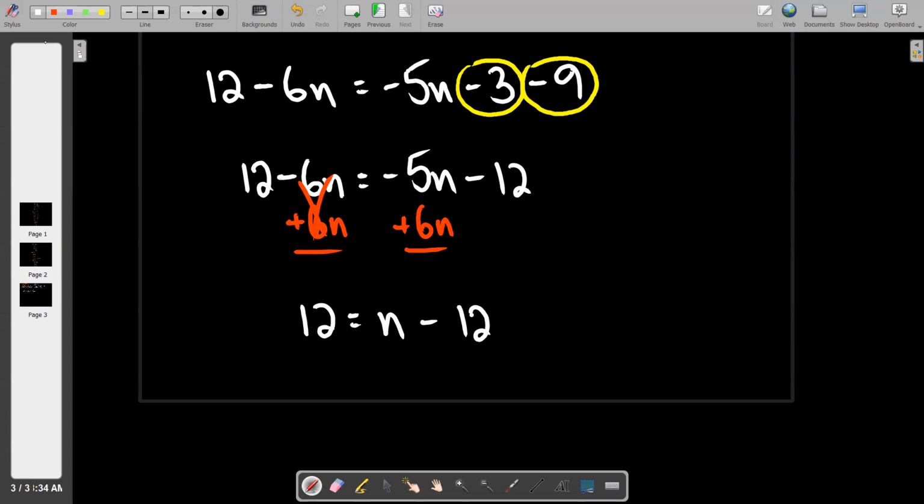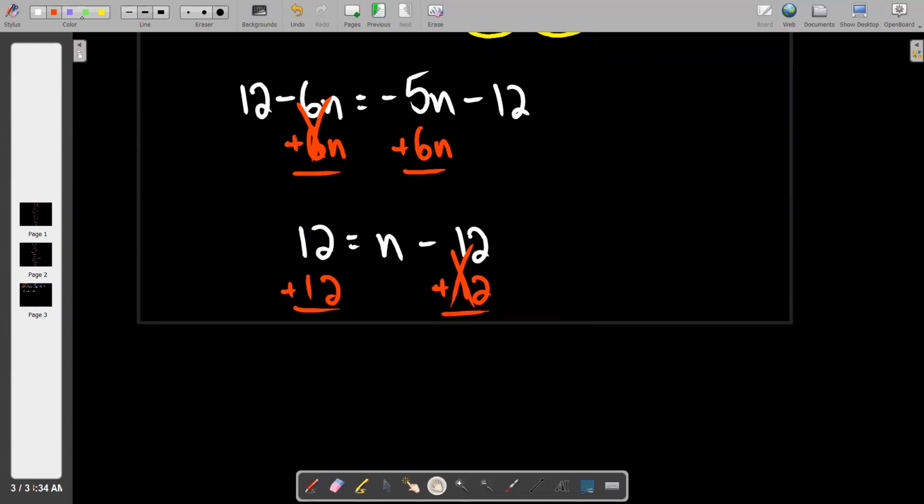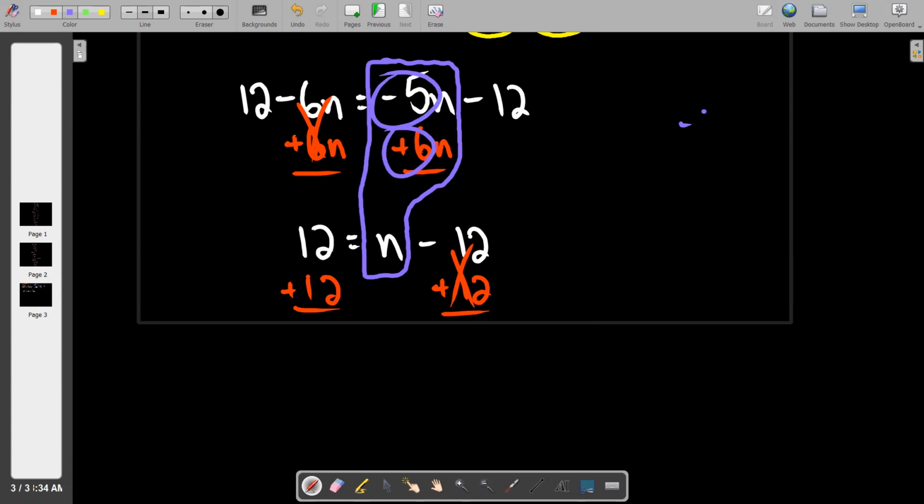Mila, last step. Yeah, let's do it. Add 12 to both sides. It's right here. -5n. So -5 plus 6 is +1.